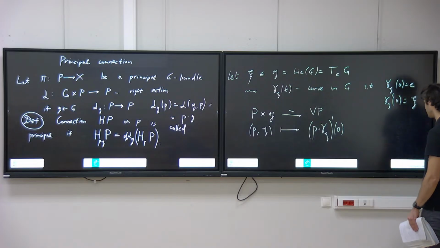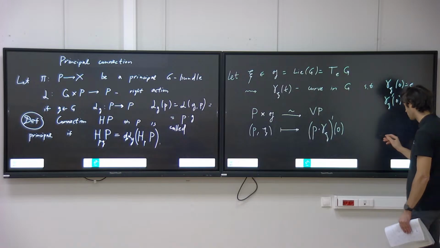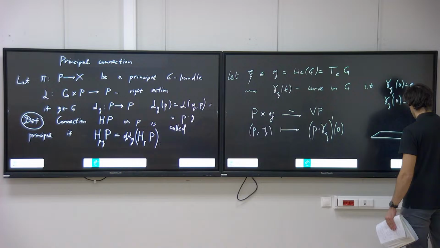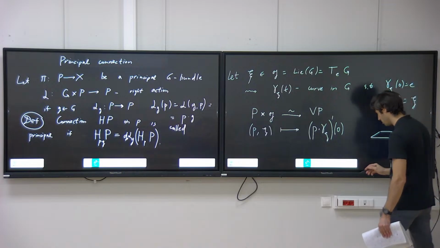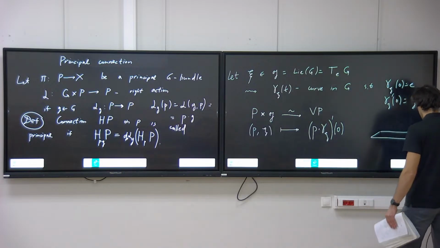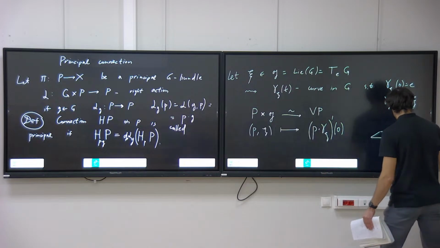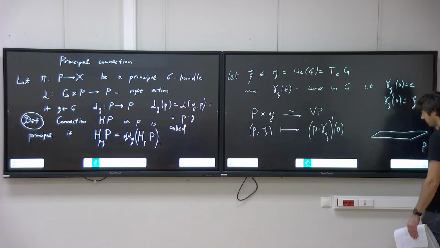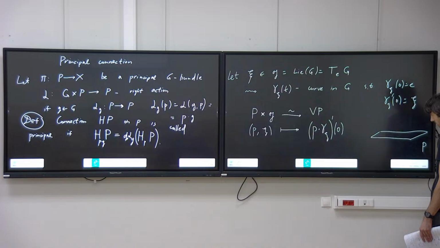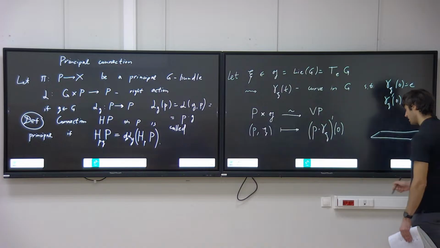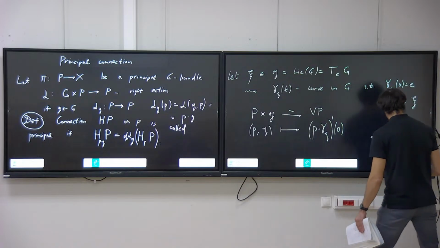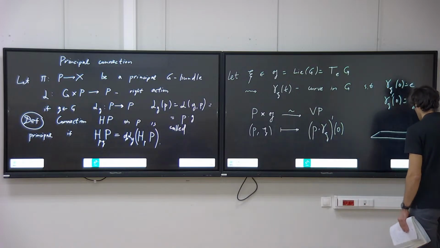Okay. Well, maybe it's good to draw a picture. So I have x here. Well, actually p, right? So my base now is x.